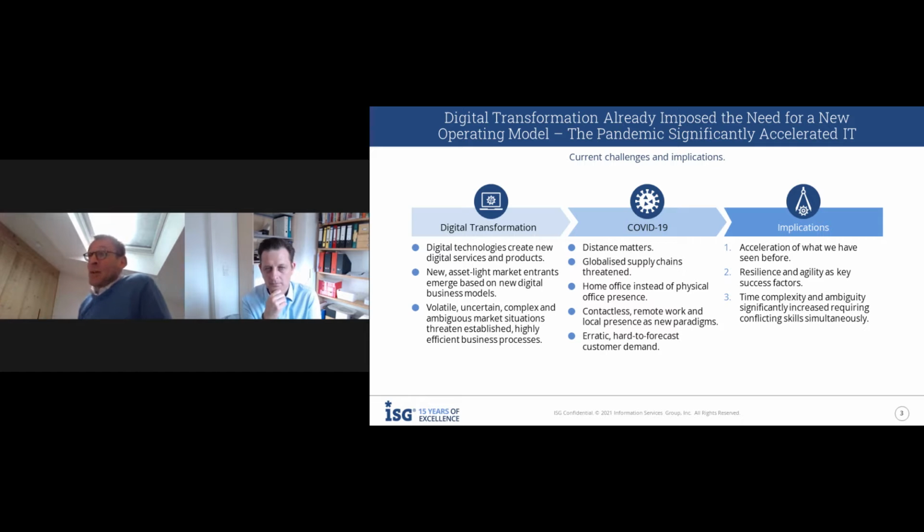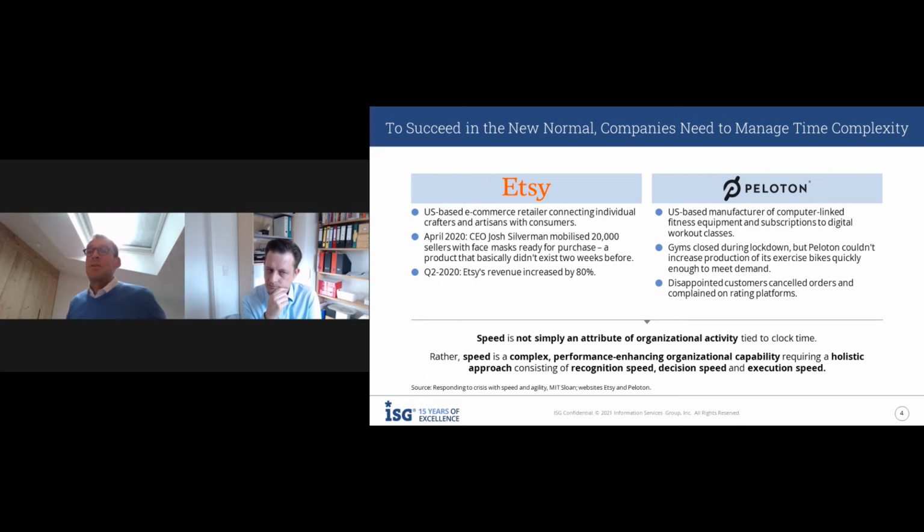So at the end of the day, from our perspective, it's an acceleration of what we have seen before. The topic of resilience and agility gained significant importance, and of course topics related to time, complexity and ambiguity. The question of timing of aspects, maybe related to supply chain, significantly increased in importance.